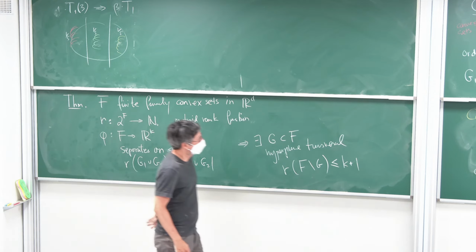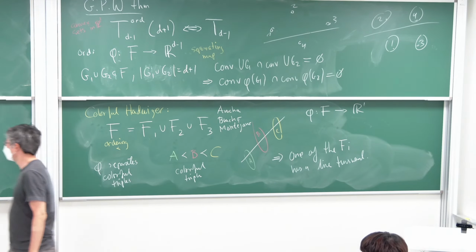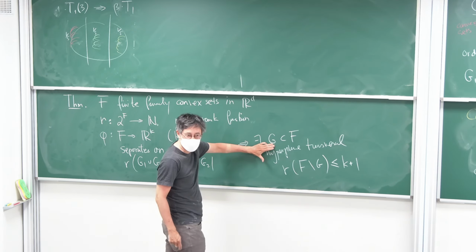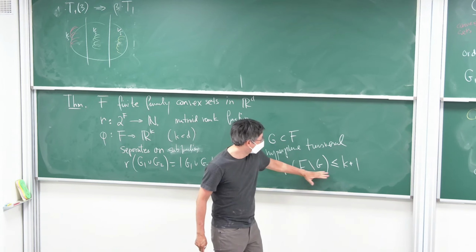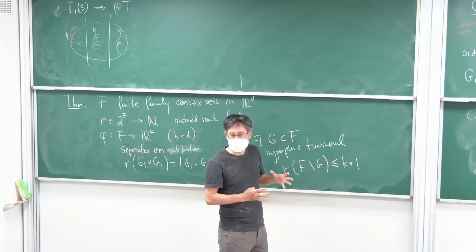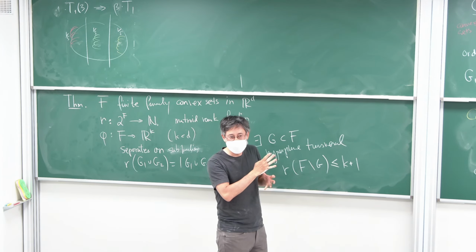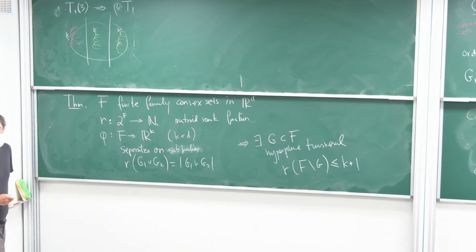So k is 1, the rank is 3, but there's a family that has a line transversal such that if I remove that family, the rank of what's left over is at most 2, which means a whole color class has a line transversal. Maybe more, but at least one whole color class.